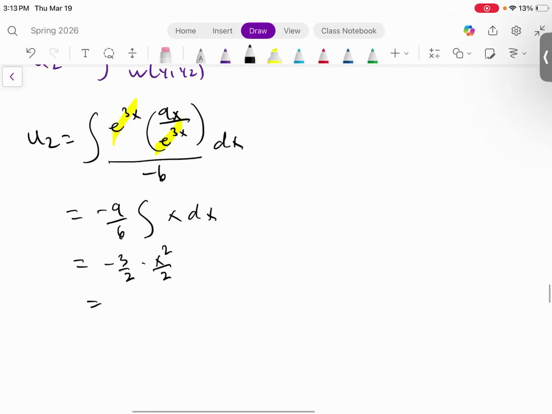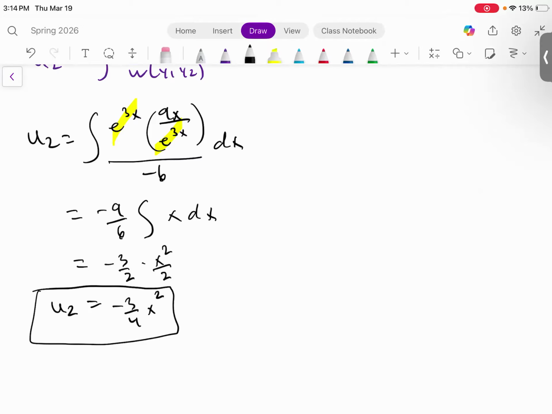So that is negative 3/4 x squared. And so that's what U2 is. So a lot easier than the previous integral. Okay, so that is our U1 and U2.